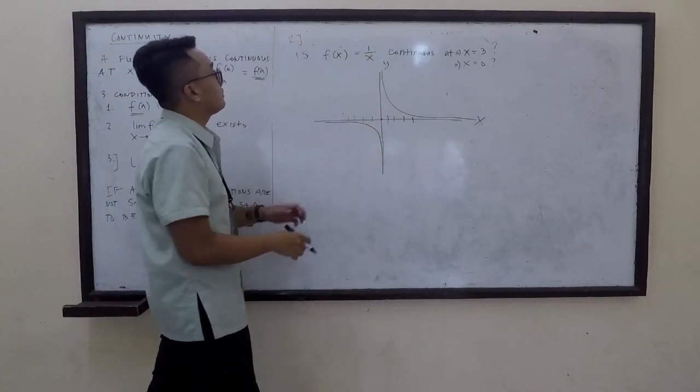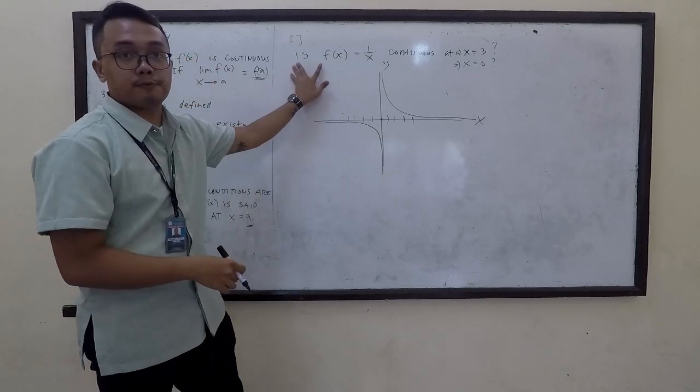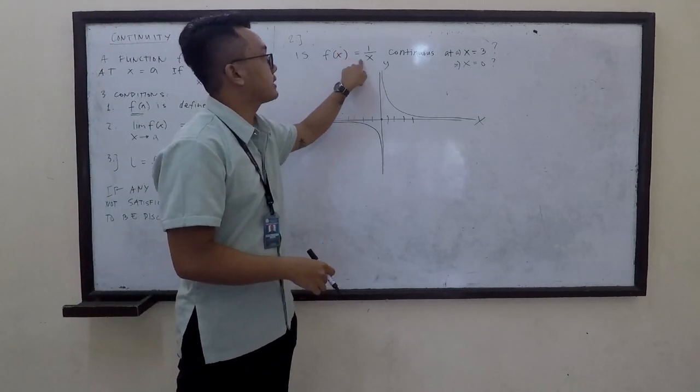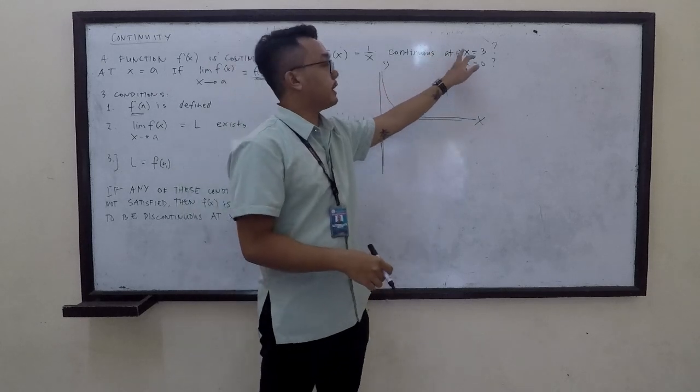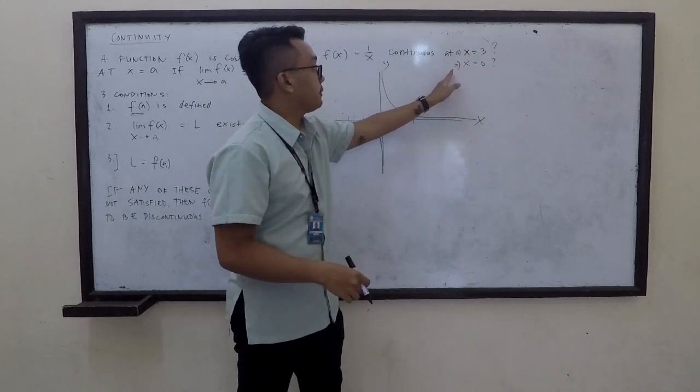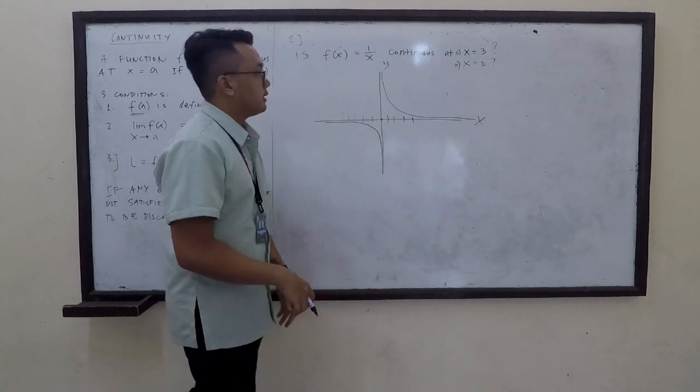Okay, so another example is f of x equals 1 over x. Is it continuous at a, x equals 3, and at b, x equals 0?